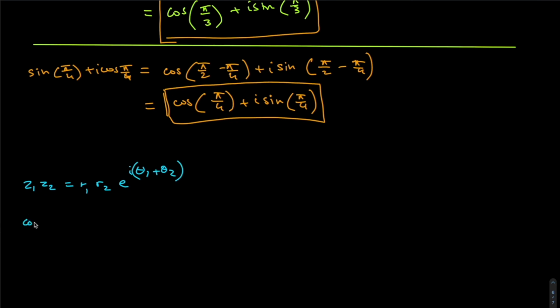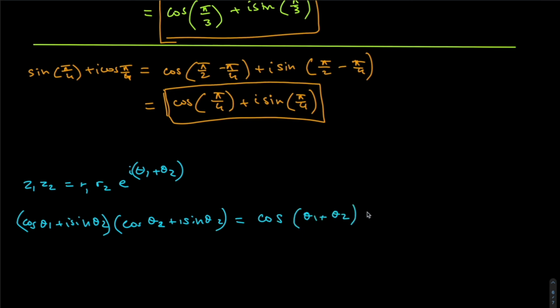If we have cosine of theta 1 plus i sine theta 1, and cosine of theta 2 plus i sine of theta 2, and I'm multiplying these two, I can basically write this as cosine of theta 1 plus theta 2 plus i sine of theta 1 plus theta 2 as well, right? So these are interchangeable, right? Because think about it, right?